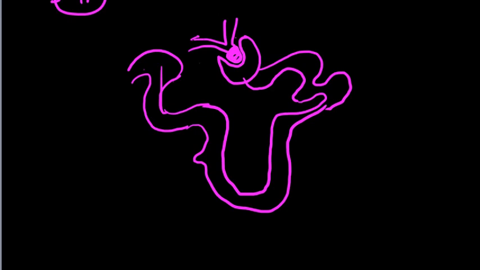Now, I think it will be much more beneficial for you if I make it in a different color. So let's make the afferent and the efferent arteriole in a different color.